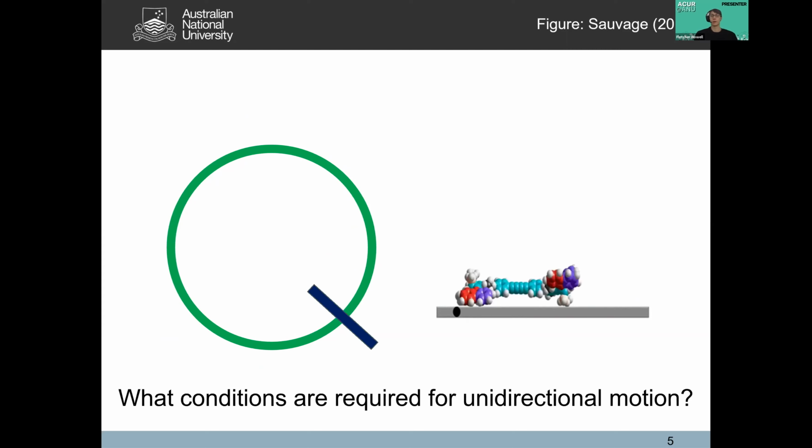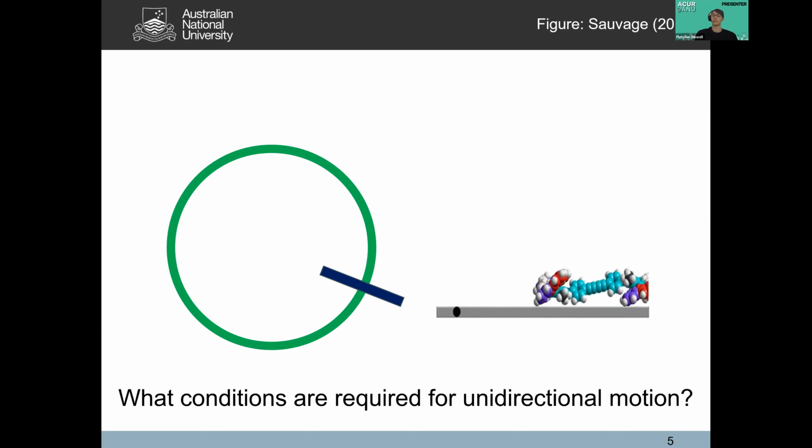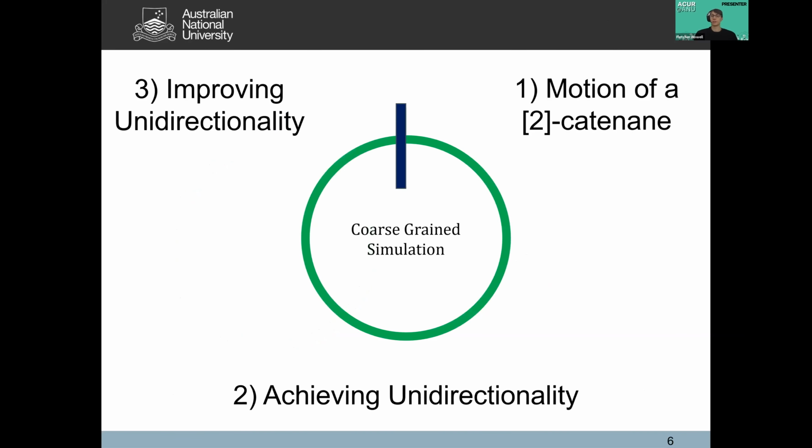So the motivation for my research was to try and define conditions that can get this minor ring to move in one direction. I approached this project from a computational standpoint.